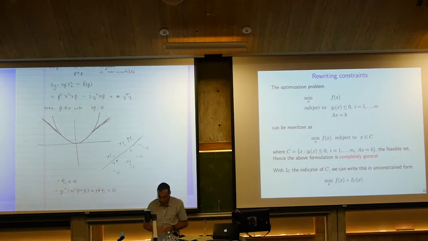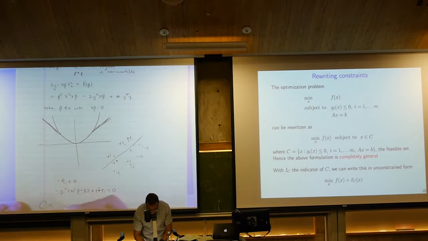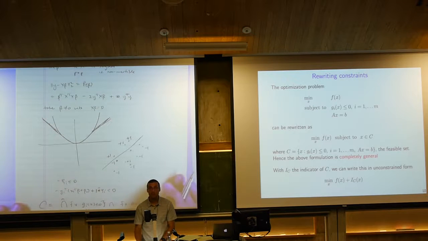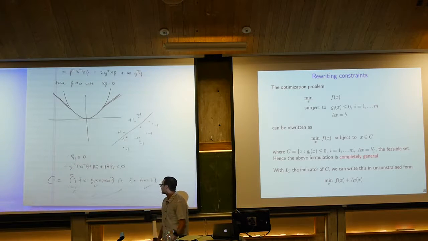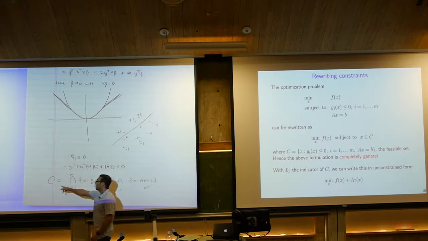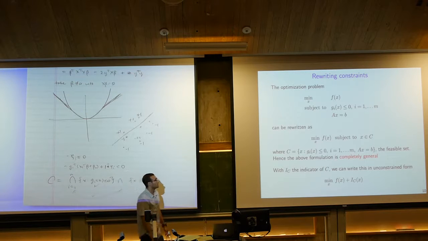So I can write C as the intersection from i equals 1 to m of the set of all x for which gi of x is less than or equal to 0. And I'm also going to intersect that with the set of all x for which Ax equals b. Okay, that's convex. Each of these is convex. Intersections are an operation that preserves convexity for sets. So this is a convex set. If I had convex constraints to begin with, C is a convex set.